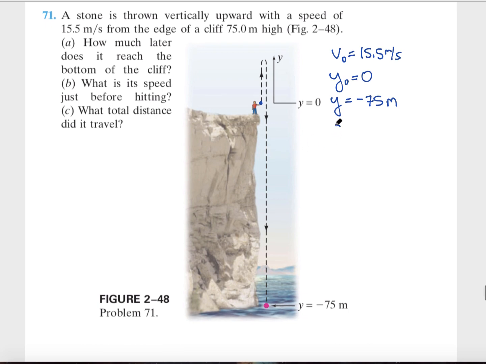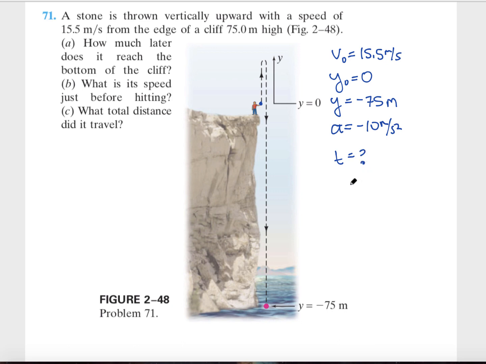So I know that my acceleration, pen got stuck, my acceleration is negative 10 meters per second squared, and I'm looking for time in this case. I have initial speed, final and initial positions, and an acceleration. So I'm going to use that second kinematic equation again. y equals y naught plus v naught t plus 1/2 a t squared.